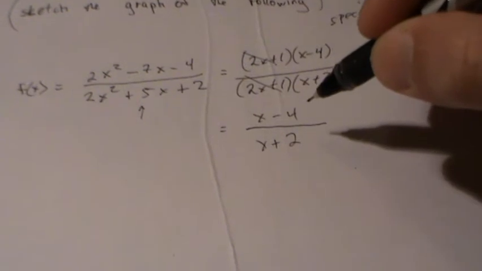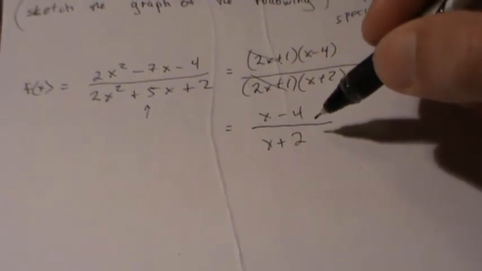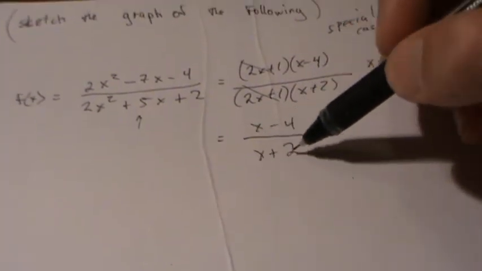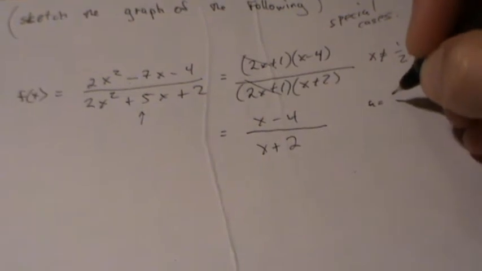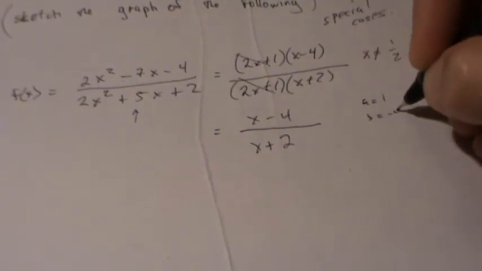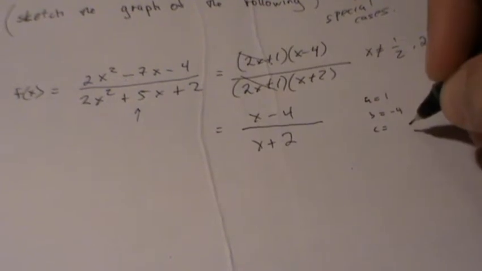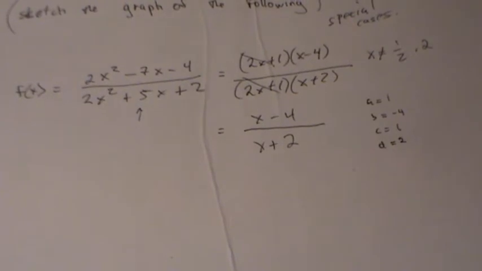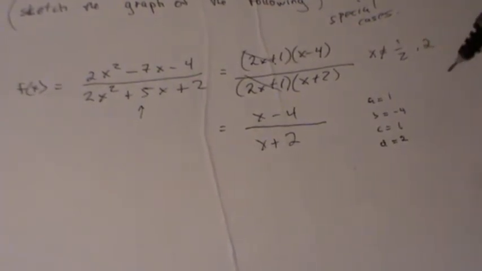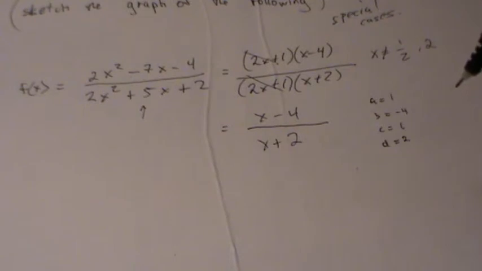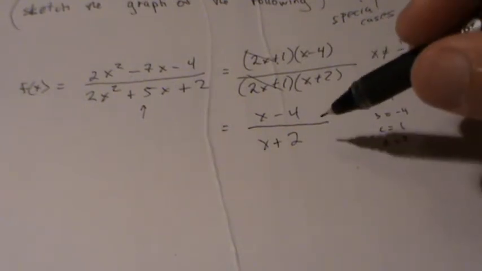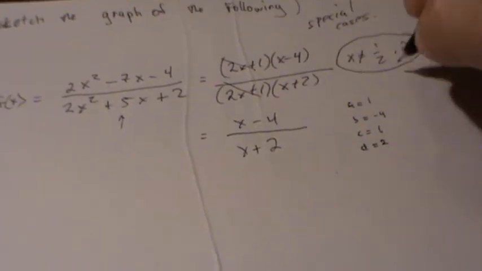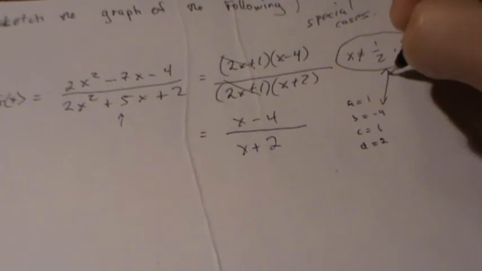And this is a pretty easy one to graph, because it's a rational function of the form (ax+b)/(cx+d), where a is 1, b is -4, c is 1, and d is 2. Now you can find the horizontal asymptote, the vertical asymptote, the x-intercept and y-intercept, and you can graph this, all right? But the one thing you have to do is keep in mind these restrictions.